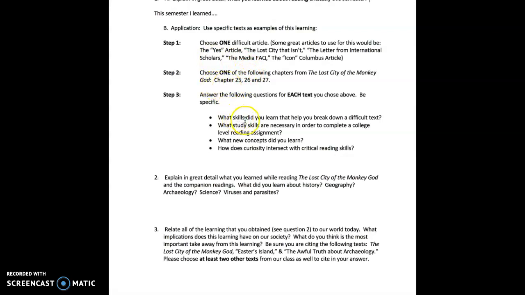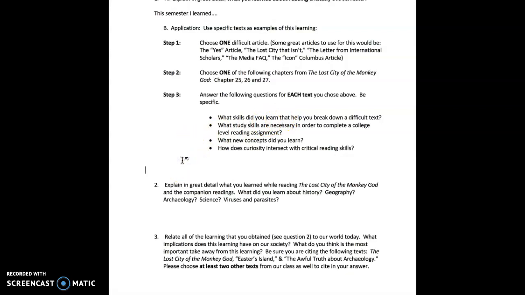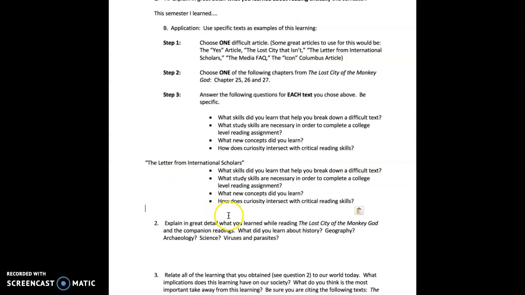I would explain what skills did I learn, and what I would like you to do is, again, make a space, and then make sure to be very clear about what article. And then I would do these, right? What skills? So you can just copy, paste, right?